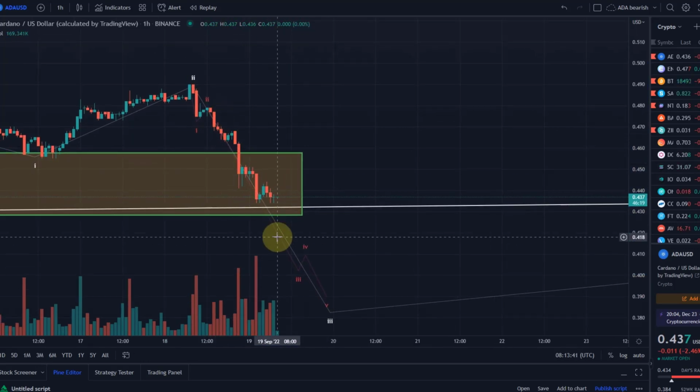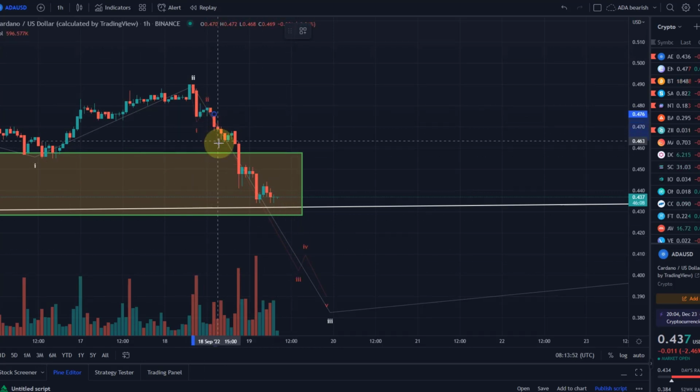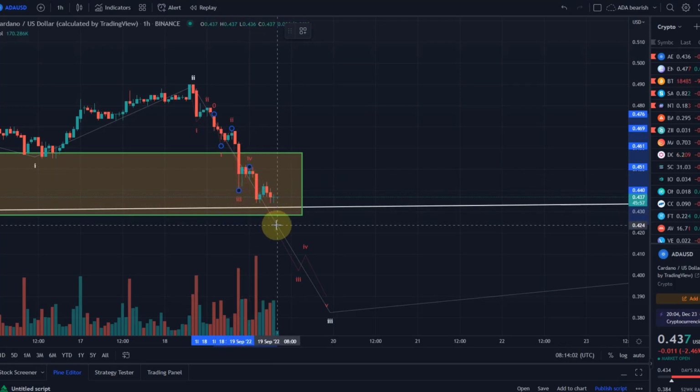Why? Because all these subwaves themselves you can count as subwaves. So in the wave 3 here, for example in red, we've got a 1-2, then probably here the 3, 4, and we're now in the 5 of the 3.